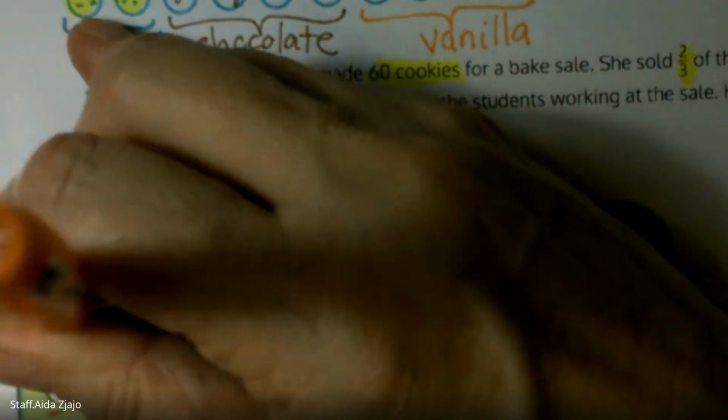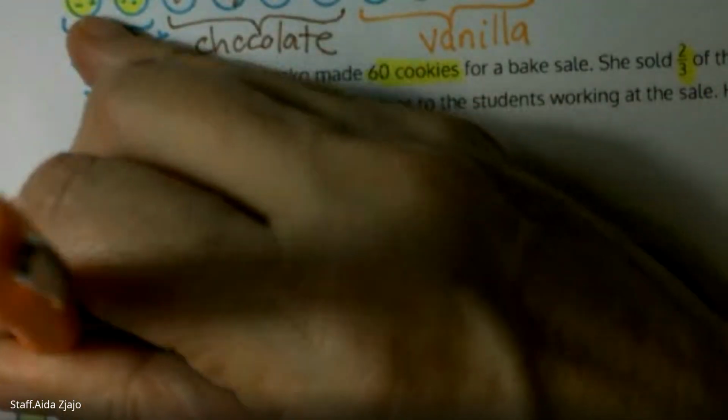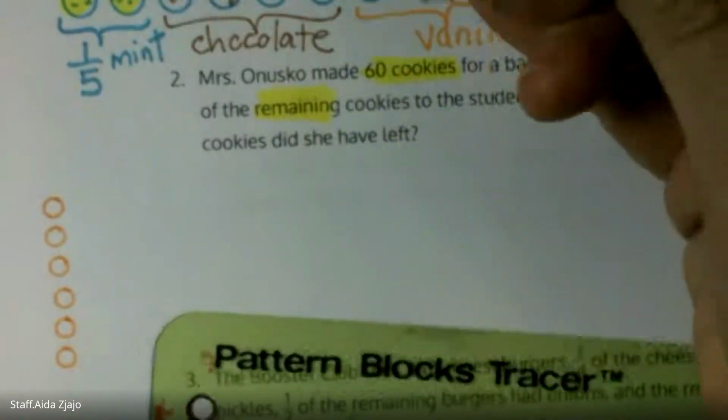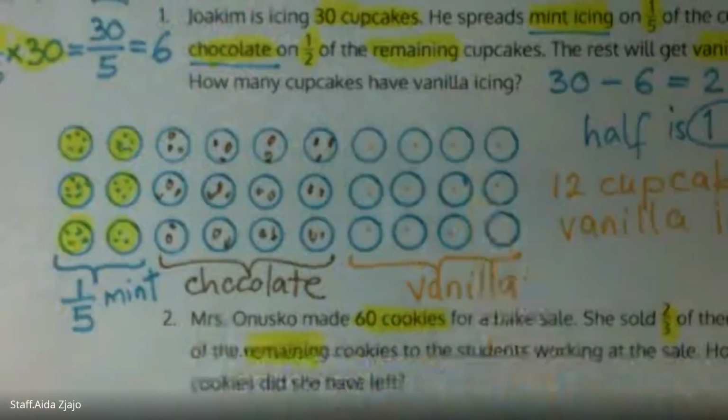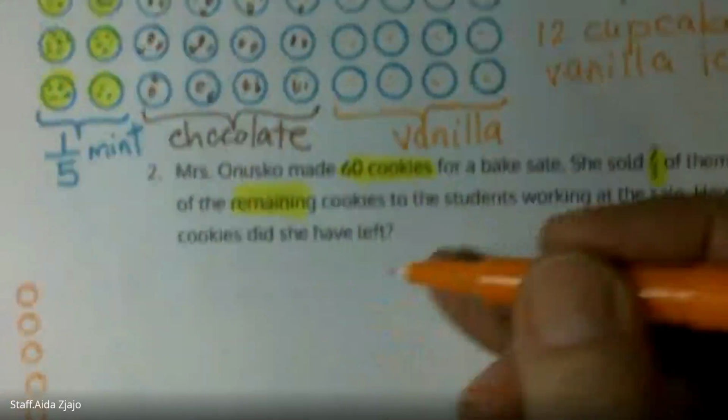Okay, 1, 2, 3, 4, 5, 6. So 6 in the column, and I can do it faster with my hands.